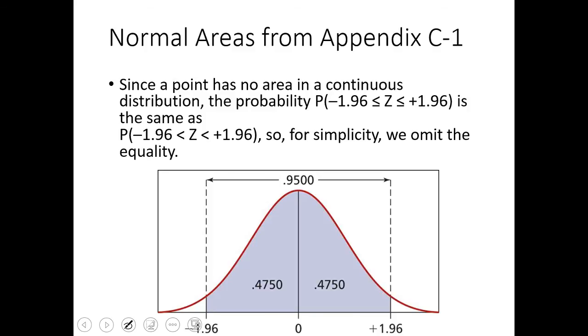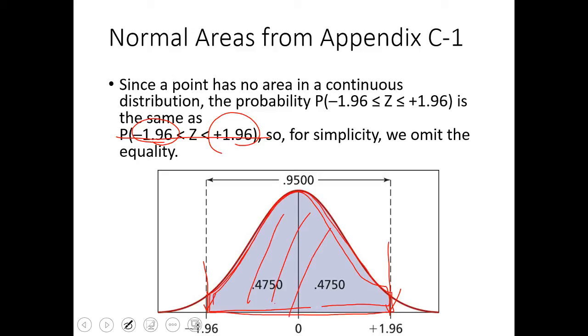We would like to know the probability between minus 1.96 and plus 1.96. Here is minus 1.96 and plus 1.96. We would like to know the area between them.